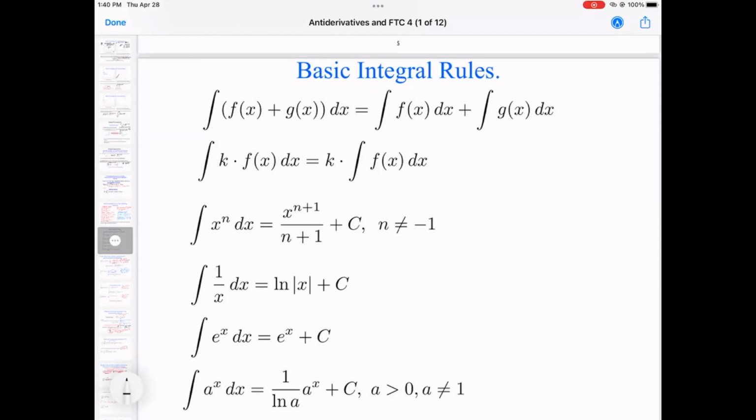That's the opposite of, or the reverse of, the derivative symbol. So now you're finding the antiderivative. What is that function whose derivative is x to the n? That's x to the n plus 1 over n plus 1, and n is not negative 1. What is that function whose derivative is 1 over x? So you're finding the antiderivative. That's going to be ln of x, and so on and so on.